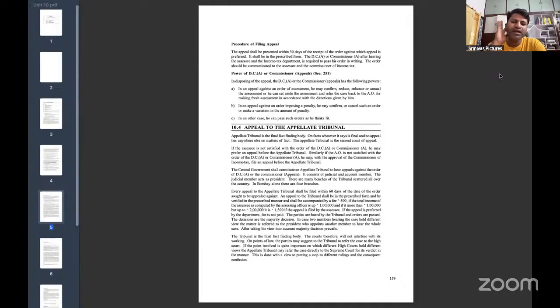In an appeal against an order imposing a penalty, he may confirm or cancel such an order or make a variation in the amount of penalty. In other cases, he can pass any order he thinks fit. So these are the powers of the Deputy Commissioner or Commissioner of Appeals.